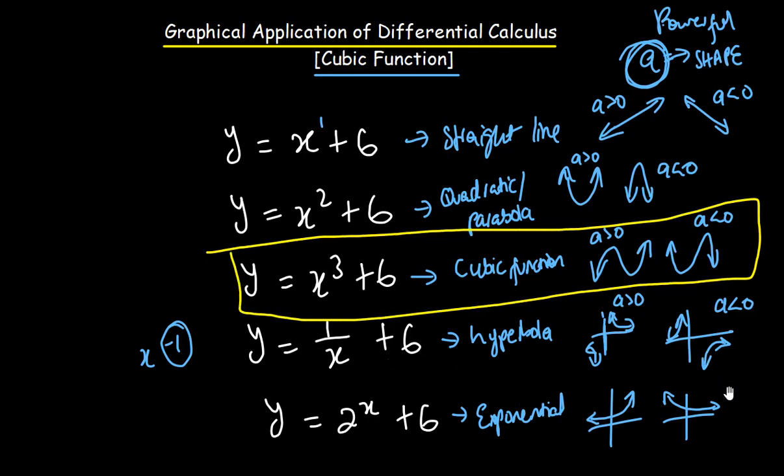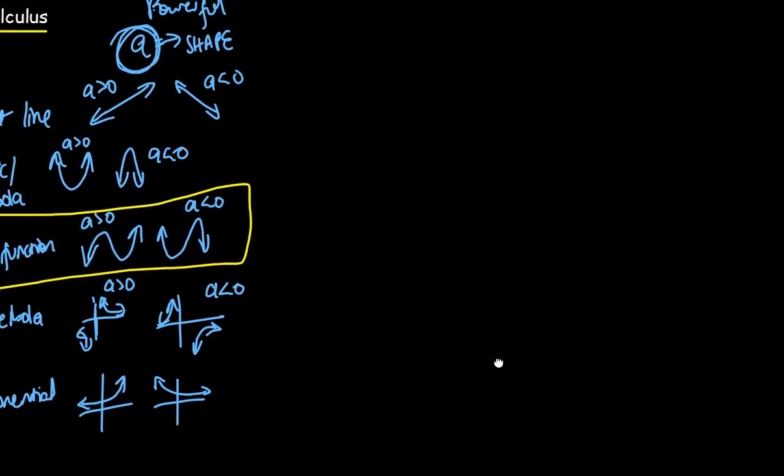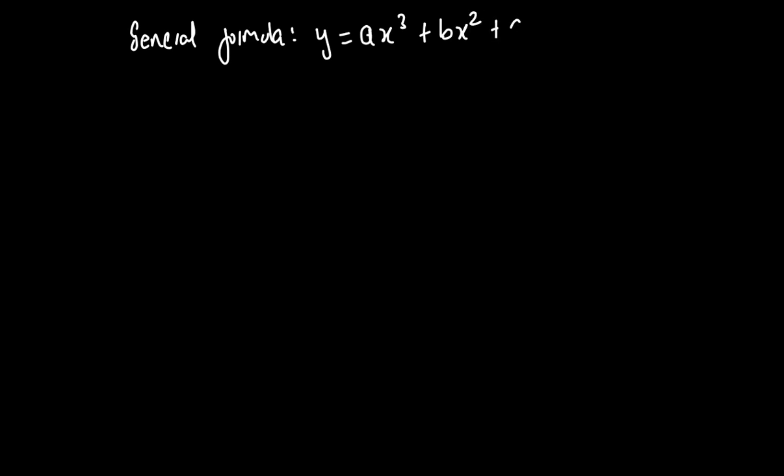So now that we know what a cubic function is, let's properly define it now. Okay, so a cubic function is a function that has the general formula, or the standard formula, which is y is equal to ax cubed plus bx squared plus cx plus d.